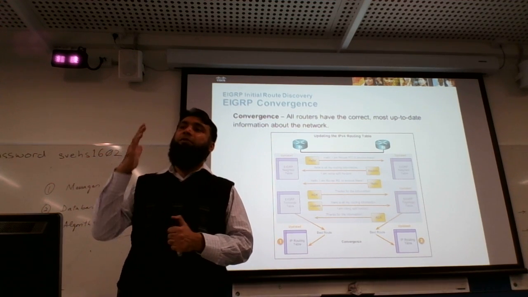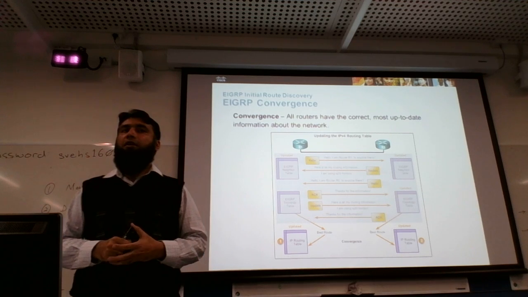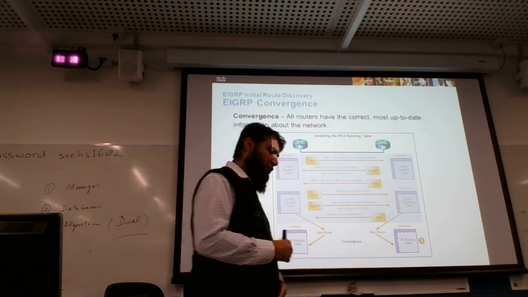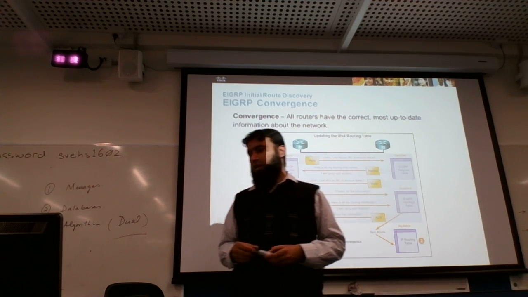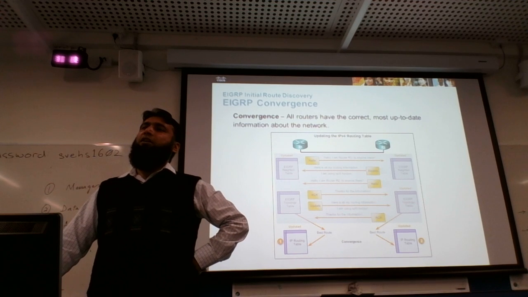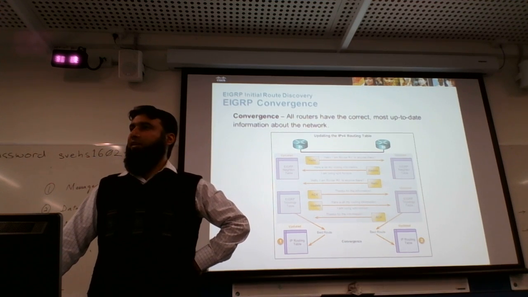The routing table will contain all those successors, and of course the feasible successors. There may be multiple feasible successors, and we will discuss how a feasible successor is chosen, because in order to become a feasible successor, it needs to fulfill a condition which is called the feasibility condition.